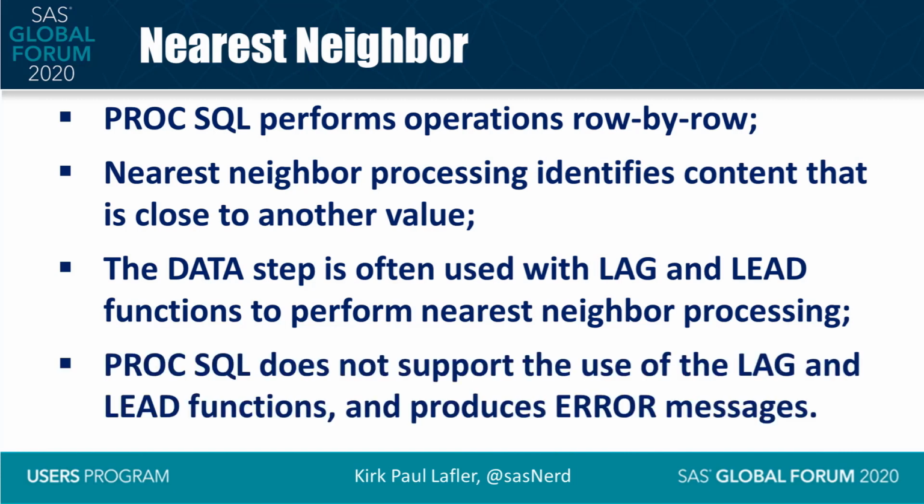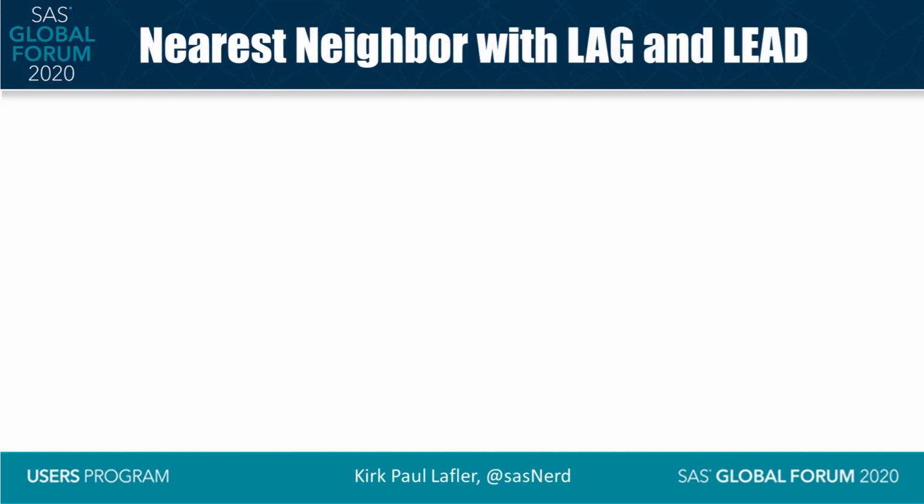In the data step, we can use lag and lead functions, but PROC SQL does not support the use of the lag and the lead functions, and consequently produces error messages on the SAS log. So it fails. So if you need to be able to process nearest neighbor type of activity, perhaps we need to come up with an approach.